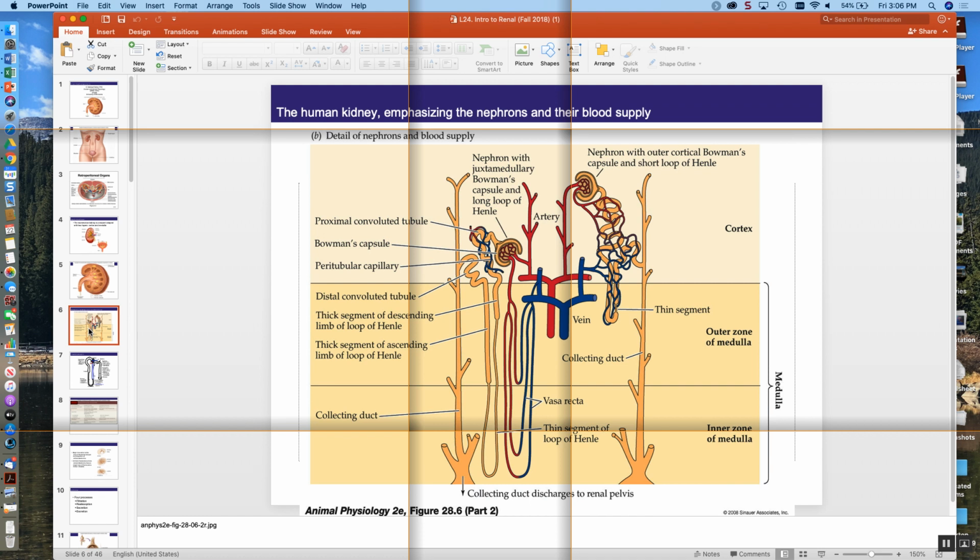So realize that the cortical nephron does not participate in setting up this osmotic gradient in the medullary region. That's really due to these juxtamedullary nephrons, okay? And these long loops of Henle. Those long loops of Henle are what are responsible for setting up that osmotic gradient in this entire region.